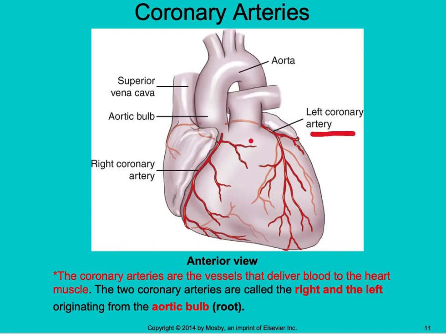So here's your left, here's your right coronary artery, and they form off of the aortic bulb, okay? Originating from the aortic bulb or the root of the aorta. And then those will carry oxygenated blood to the heart. So you have your left coronary artery and your right coronary artery.